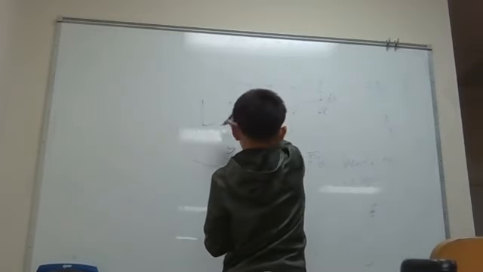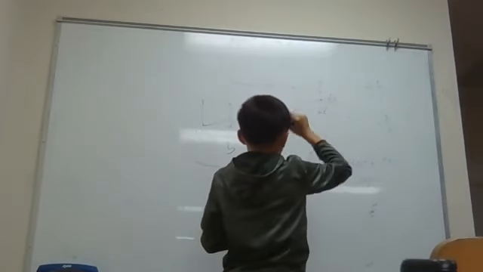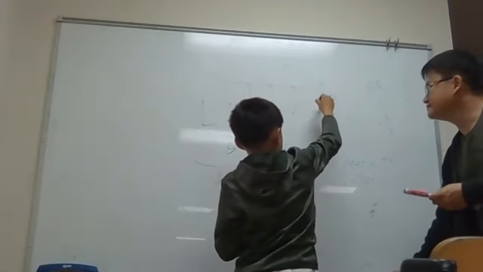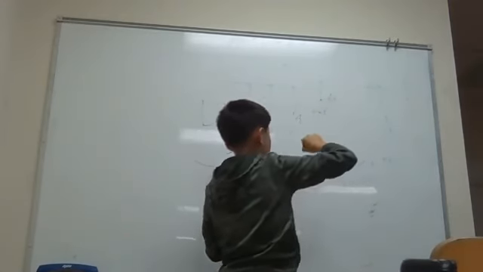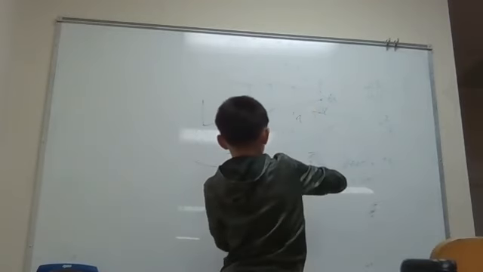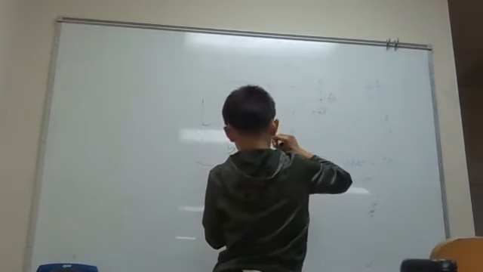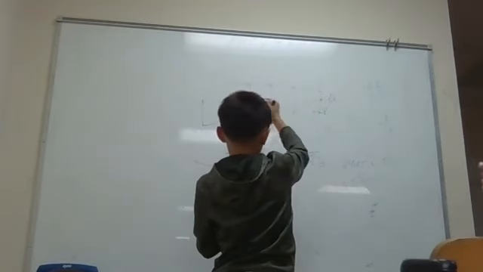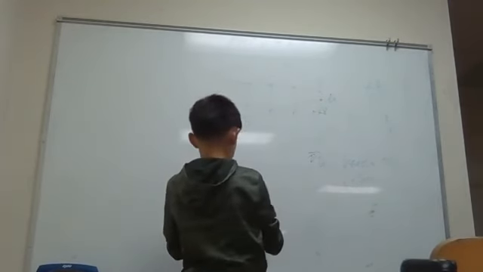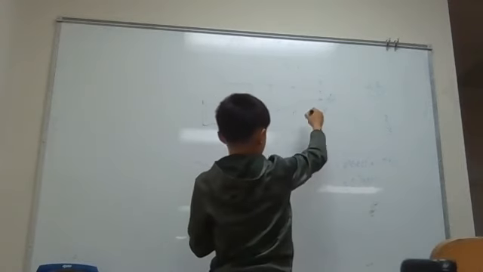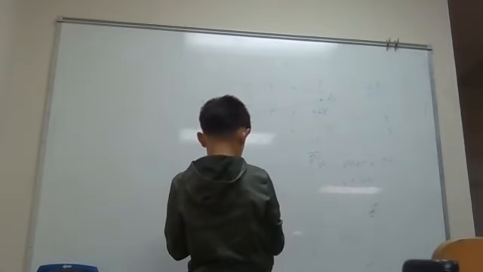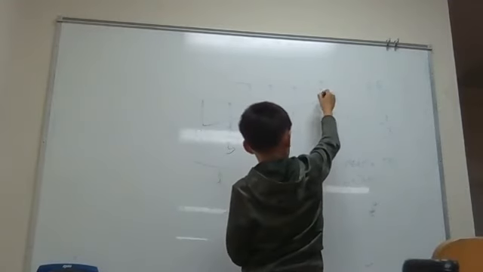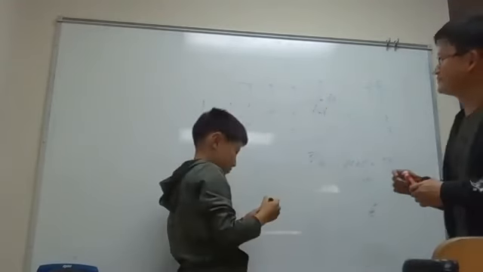And then we know that the base is 1, 2, 3, 4, 5. So the area divided by 5, it's 8/5. And then subtracting 5/5, this is 3/5. Okay, thank you very much.